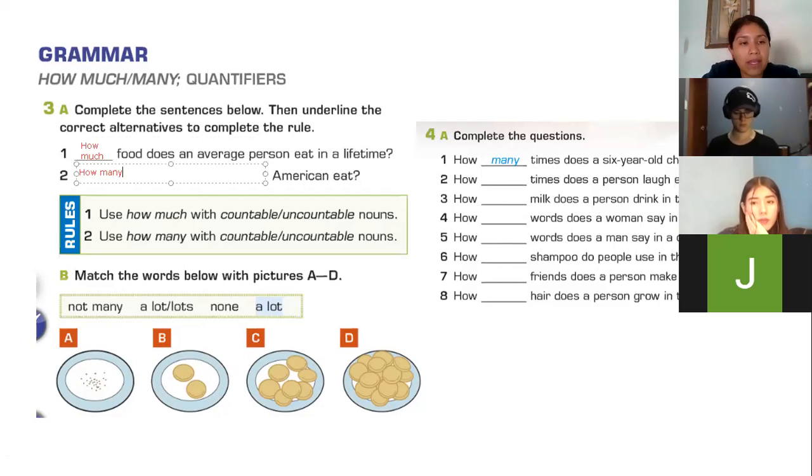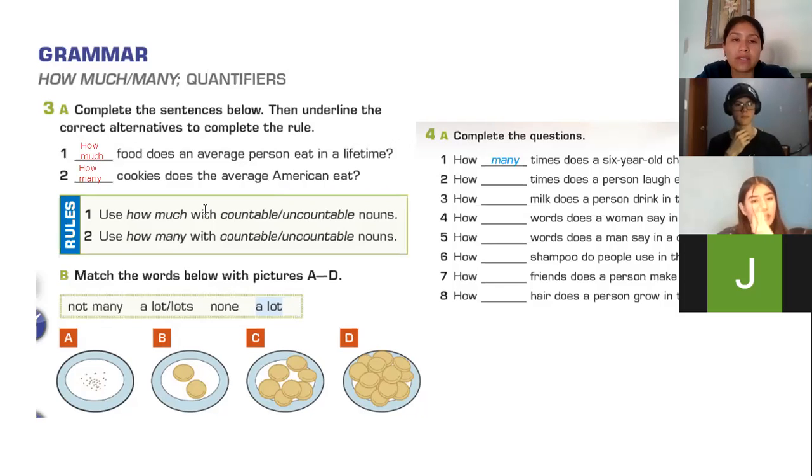So how many cookies? Can I count cookies? Of course I can. So that's why I use how many. How many cookies does your average American eat? Now, let's see. Use how much with countable or uncountable nouns?